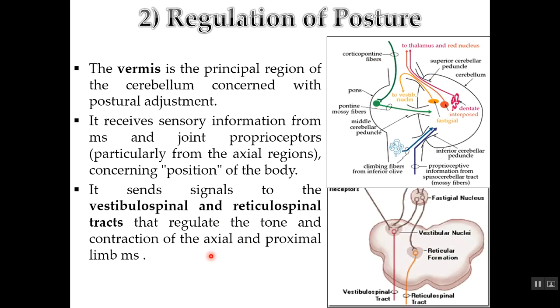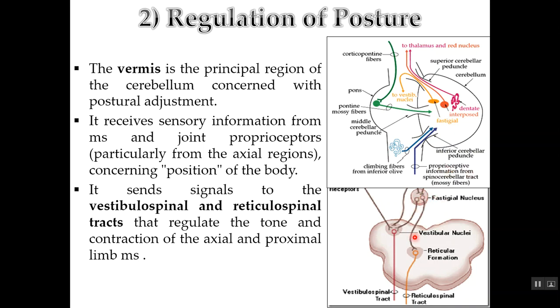Again, the vermis, okay, it receives information via the proprioceptors, via the spinocerebellar tract. Then it sends signals to the fastigial nucleus.